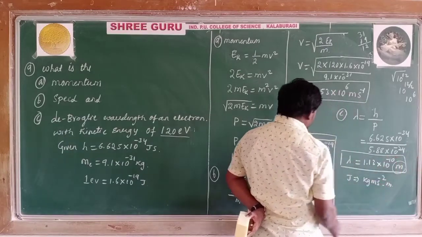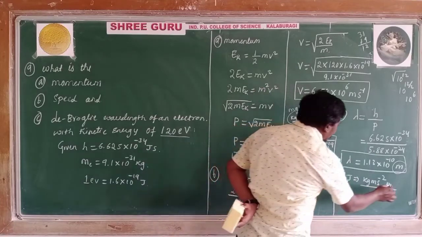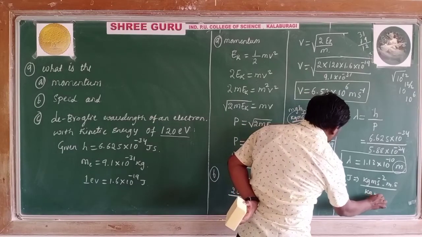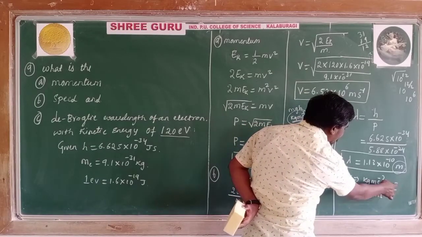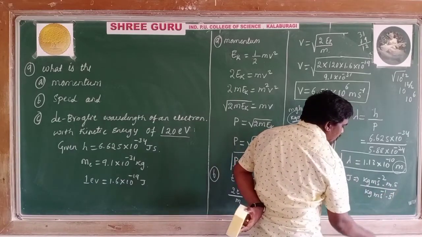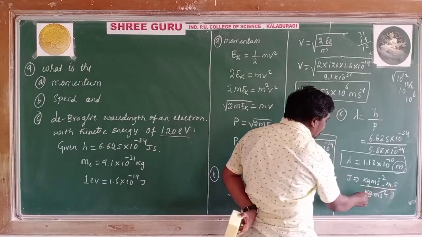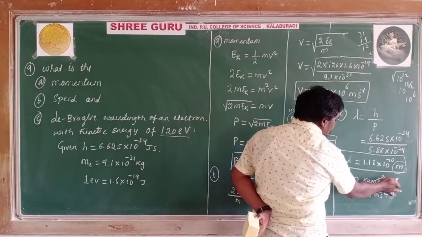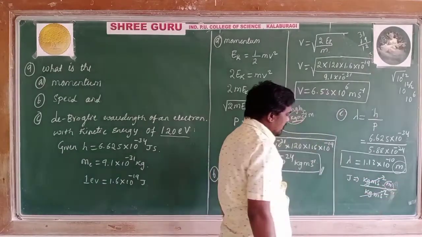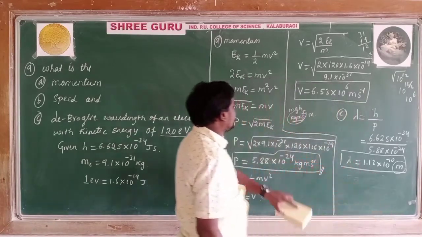In the denominator, again one more second is there: kg meter per second. If I consider the second in the denominator, per second means per second square. This is going to cancel. Already this s has come to the denominator. What is remaining? That is meter. Like this is the conversion of unit.